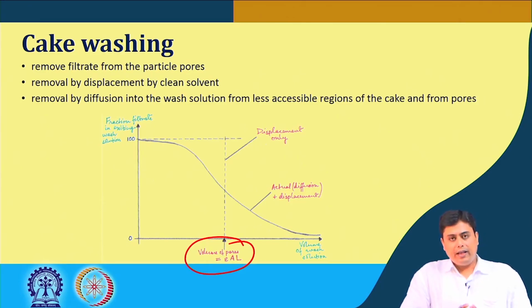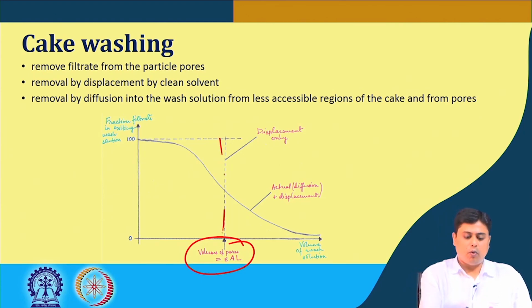But the rest of the filtrate, which is still staying in the interstices or less accessible regions, is then removed by diffusion into the wash solution.